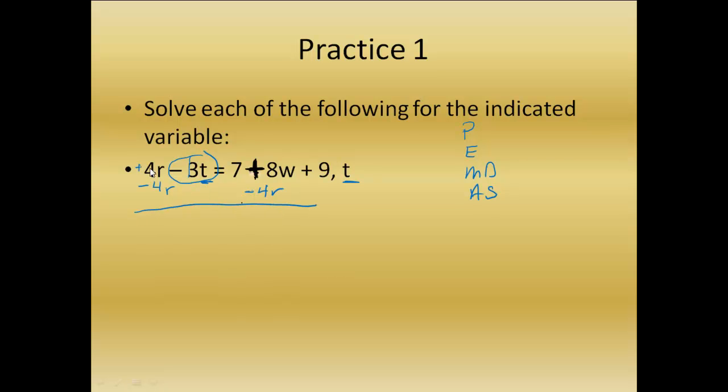On the left side, 4r minus 4r turns out to be 0, and I'm left with, bring down that negative sign, negative 3t equals, now on this side I don't have anything I can combine the r's with, so I have 7 plus 8w plus 9 minus 4r.